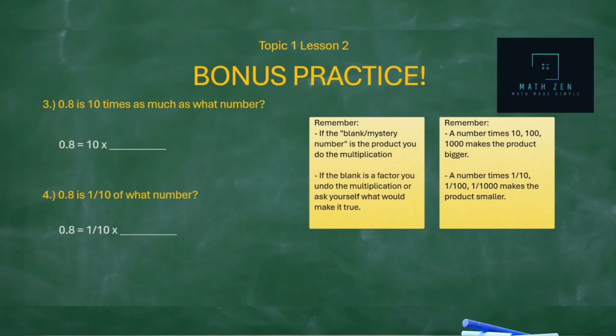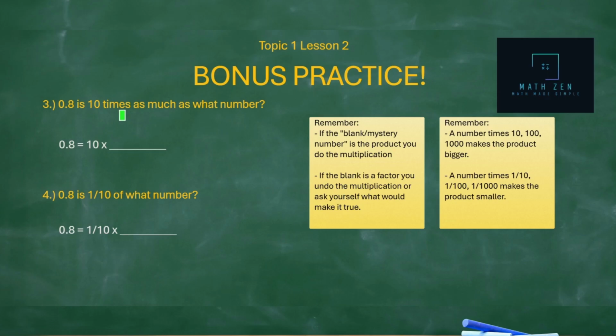All right, now on this scene, we have what I think is the harder of the two phrases that you're going to see when dealing with decimal place value type questions. You'll notice on our post-it, we added another piece to our reminder. This is what will unlock these types of questions. It says, if the blank is a factor, you undo the multiplication or ask yourself, what would make the equation true?